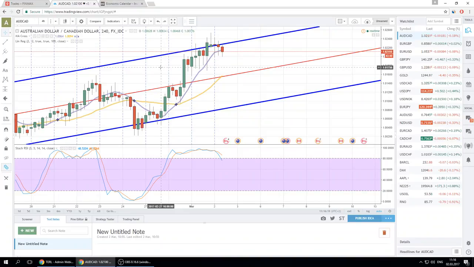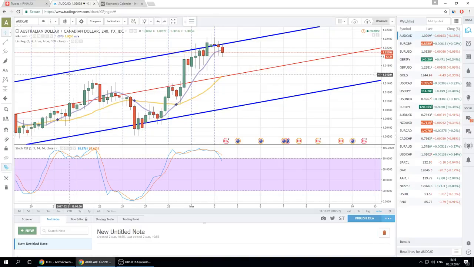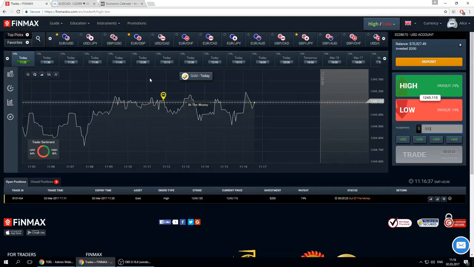Well, to my mind, we can enter this trade for Australian Canadian dollar for falling within the range of several hours. Australian to Canadian.